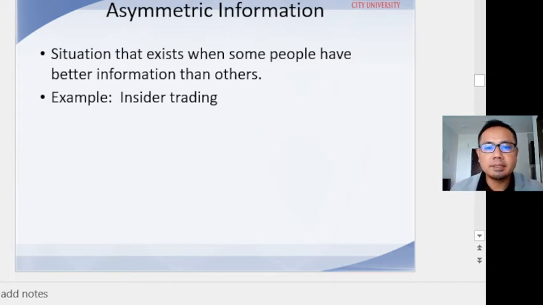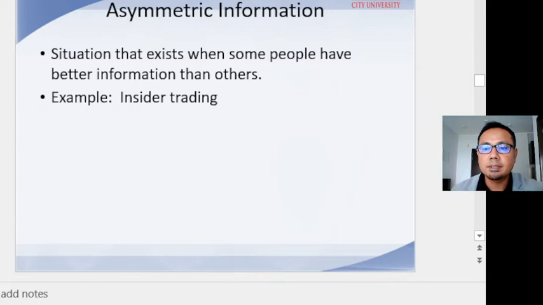So asymmetric information exists, and the only time insiders will purchase the stock is when they know it is selling at a price below what it is worth. The only time insiders will sell stock is when they know it is selling at a premium over what it is worth.